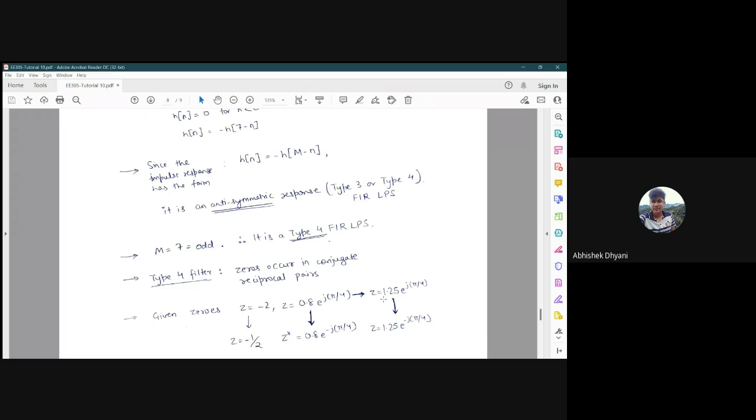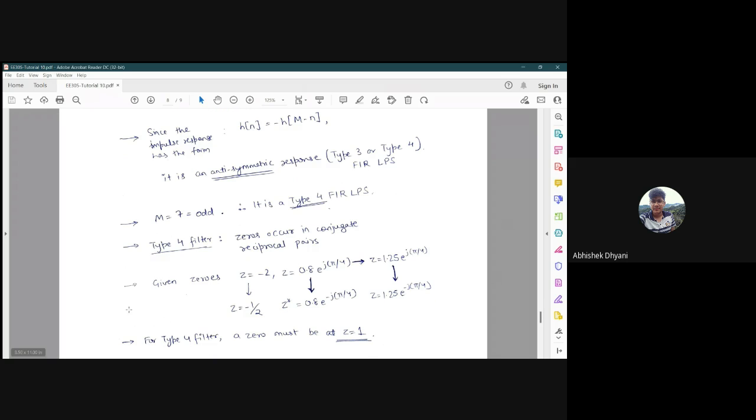So from this we have got 1 2 3 4 5 6 zeros. And using again the property of the type 4 filter, we know that for a type 4 filter there must be a zero at z is equal to 1. So we have got another position of zero, that is z is equal to 1. So we have got all the 7 zeros of this type 4 FIR linear phase system.